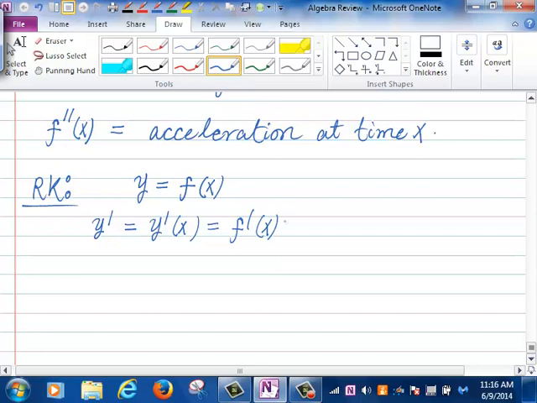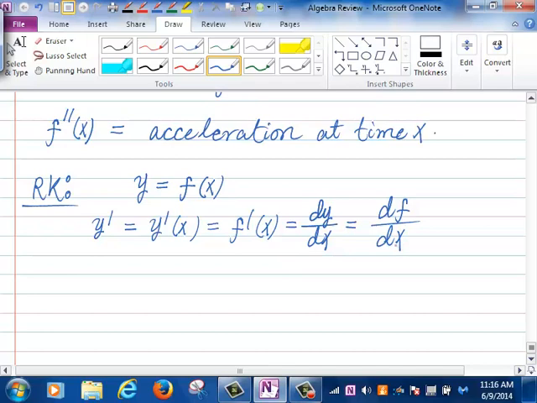There are other notations, which would be Leibniz notation, dy dx. So when we write dy dx, that also represents f prime of x. Sometimes people would even write df dx, the derivative of f, df dx.